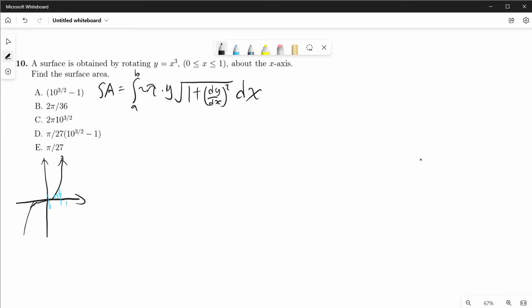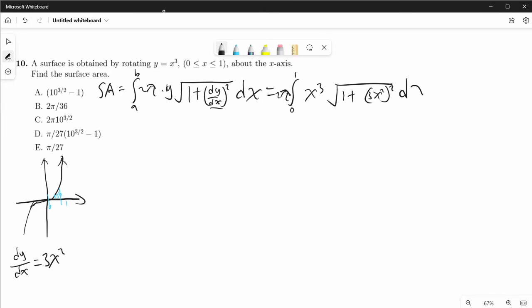And since we need dy dx, that would just be 3x squared. So let's plug that all in. 0 to 1, the 2 pi constants go outside, times x cubed as y, times the square root of 1 plus 3x squared squared dx.